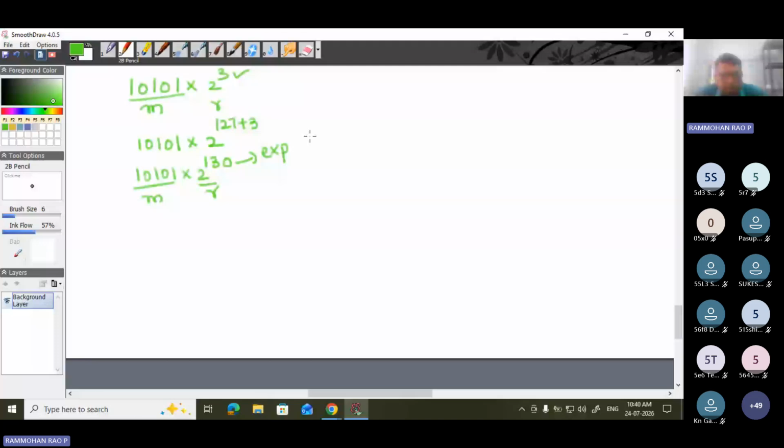That's the reason in the IEEE 754 standard, 32 bits are distributed as follows: 1 bit for sign, 8 bits for exponent, 23 bits for mantissa. And also remember the order.